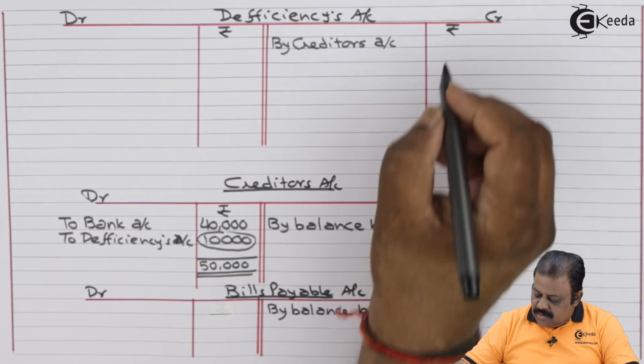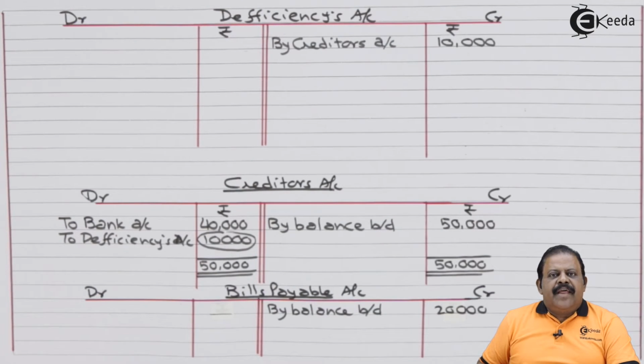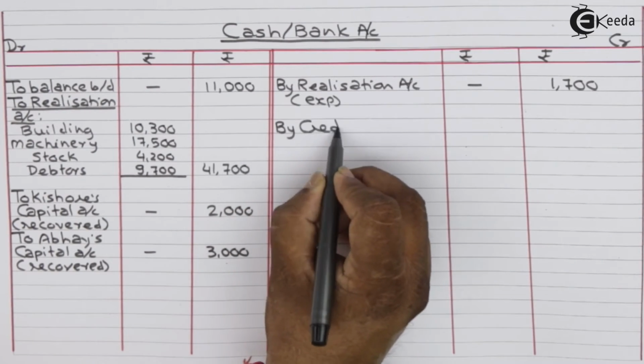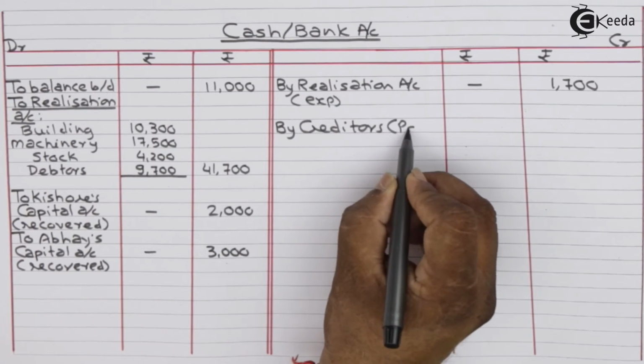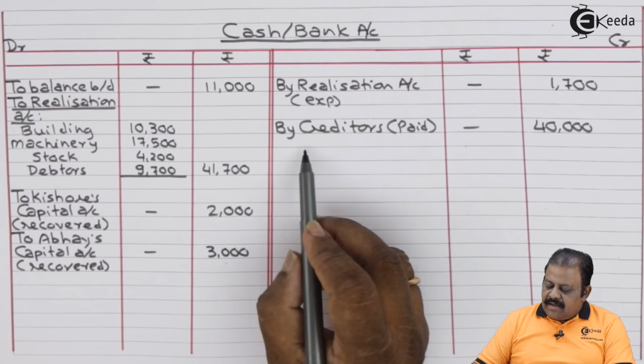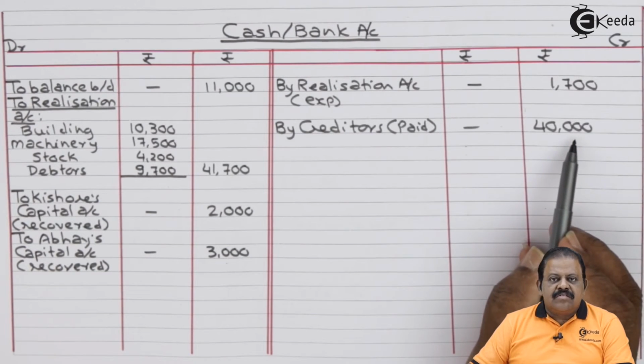By creditors account, amount paid 40,000. This will be recorded in cash bank account, credit side. By creditors, for amount paid 40,000.